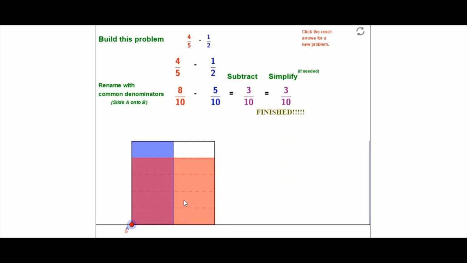So it's 8 parts out of 10. And the amount of blue part that is shaded is just 5 parts out of a total of 10. Note that both denominators are the same, both denominators are 10, so you keep the denominator and you simply subtract the numerators. So it is 8 minus 5, which gives you 3. So your final answer is 3 over 10.